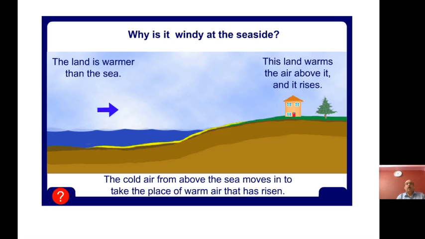And when it reaches a certain height, it becomes colder and denser, and comes down again to the sea. So they make a convection current near the sea. That's why it is windy at the seaside.